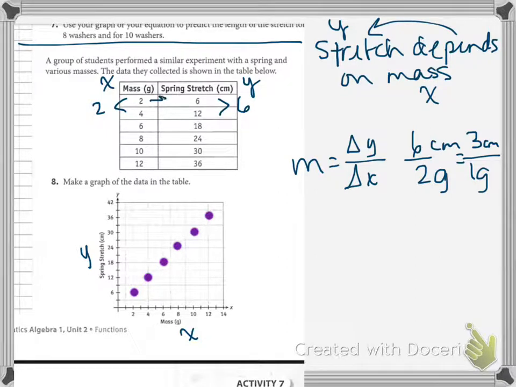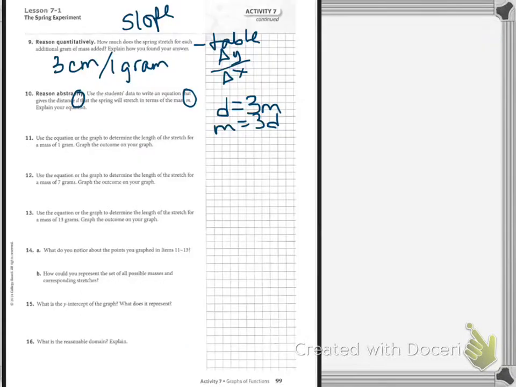Well, think about the pattern from here to here. The grams times 3 gives us the centimeters, and they are wanting us to use m for mass and d for distance. So I can see that I'm going to have to say 3 times my mass to get my distance. So I can say d equals 3m, and it is not the other way around.